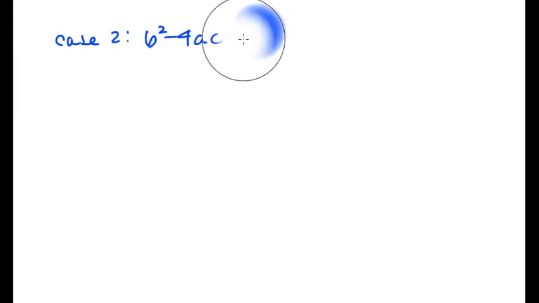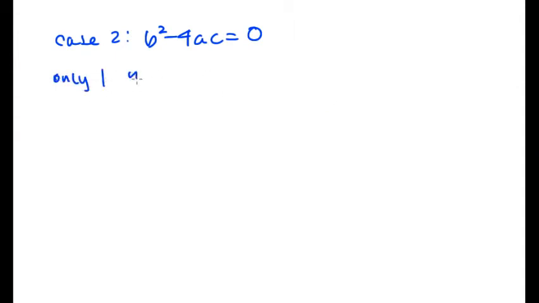They'll always work out. Then you have case 2. Case 2 says that if the discriminant b squared minus 4ac happens to be, oh my goodness, that scared me, 0, then there's going to be only one root.